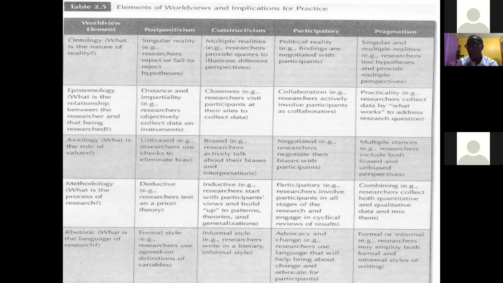The rhetoric in qualitative research is quite interesting, because of how we speak. One example is that in quantitative research, the researcher speaks about the subject, while in qualitative research, the researcher will speak about the participant or the key informants.